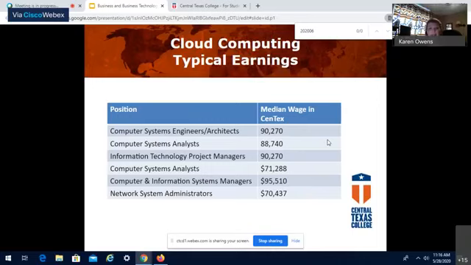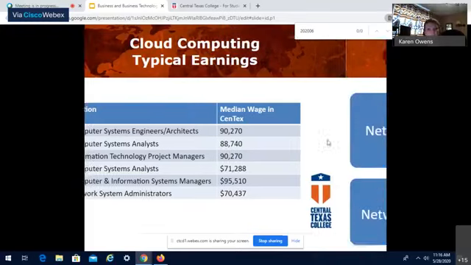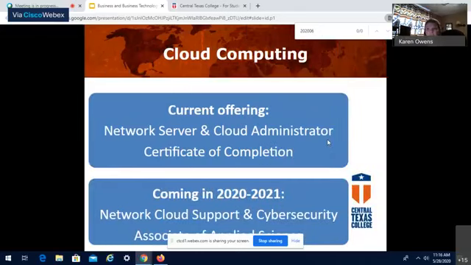And we'll see how these actually relate to education and learning how to get to where you want to go. Currently, you can see that we have network server and cloud administration certificates, and we're going to be branching out later into cloud support and cybersecurity.